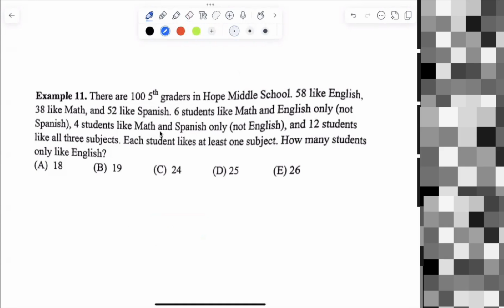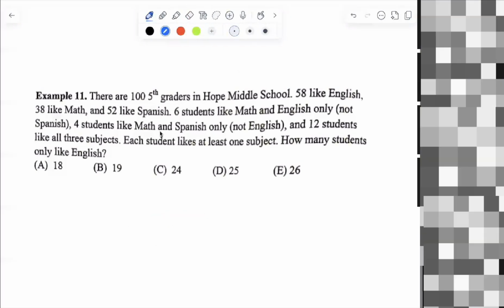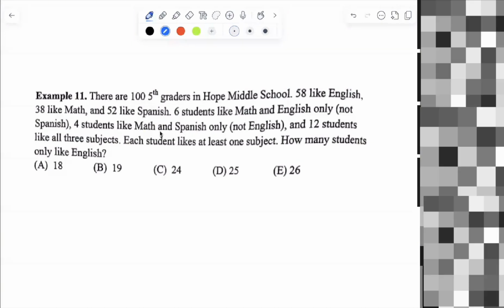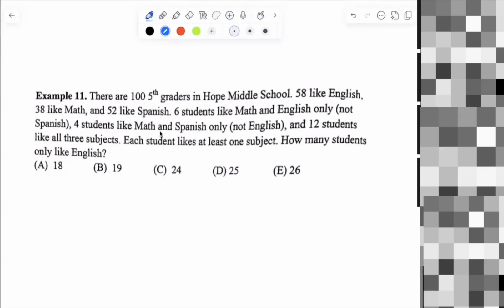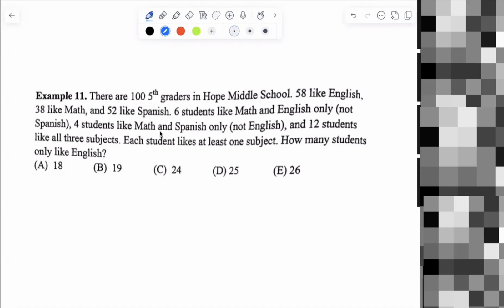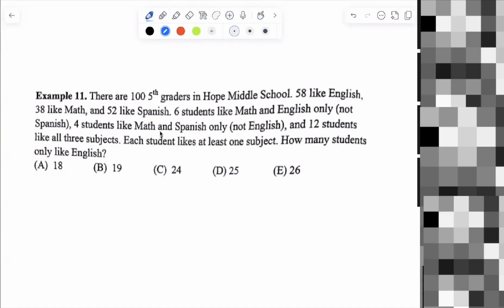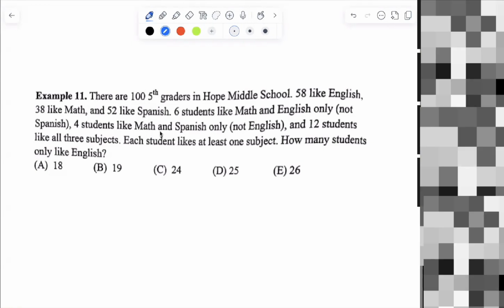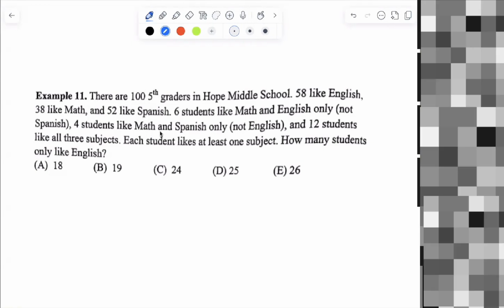Now, remember we talked last lesson about PIE with 3 variables. I think we should remember what it is. Remember, it's the first 3 sets, then the 3 intersections of 2 sets each, so there are going to be 3 pairs. And then the intersection of all 3, which is just 1 set.